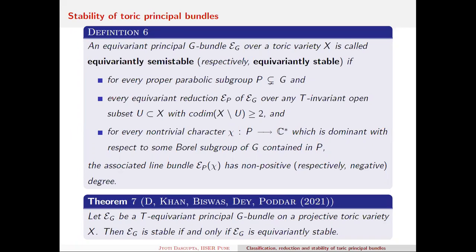That semi-stability and equivariant semi-stability coincide is not very hard to see, because for toric vector bundles, it is a consequence of the uniqueness of the Harder-Narasimhan filtration, and an analogous thing holds true when we are considering principal bundles. The main thing is to check that it holds also when we are considering stability.